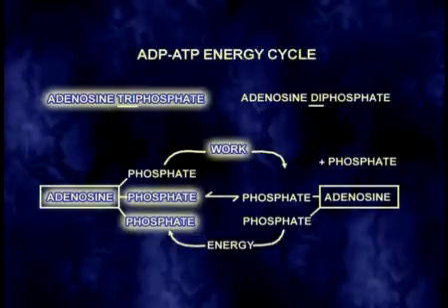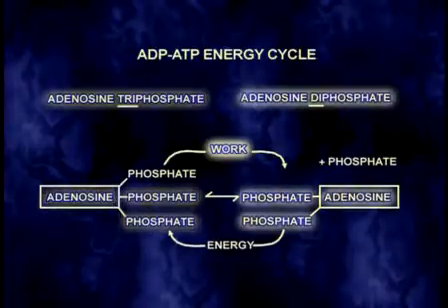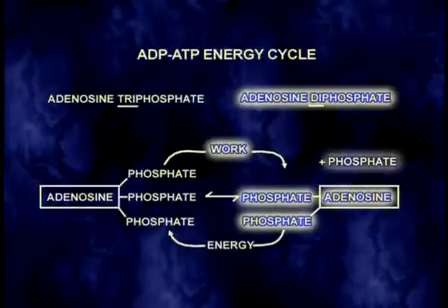So if we perform work, we release one phosphate from this molecule, and the result is adenosine diphosphate plus a free phosphate in solution. It's as if we took the rock at the top of the hill, gave it a push, and let it roll down. We have converted potential energy to actual kinetic energy, the energy of motion.